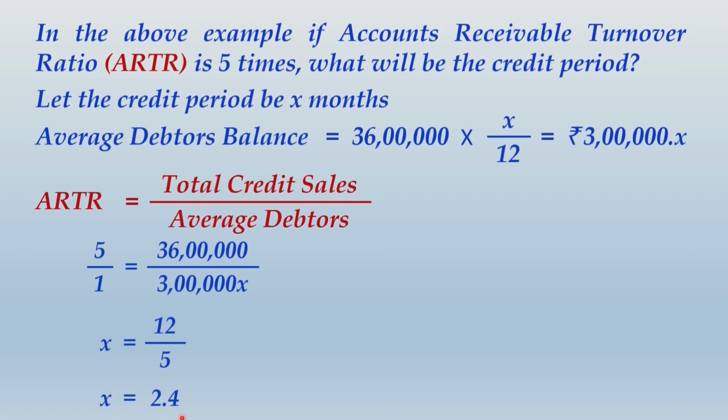So understand one thing very well, whenever you are trying to compute the credit period from this information accounts receivable turnover ratio, simply what you do is in the denominator you take that accounts receivable turnover ratio. So here we will take 5 times. In the numerator, what you need to do is write up the total available days or months or weeks in the year.